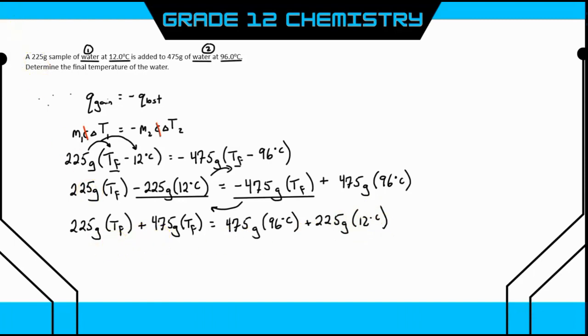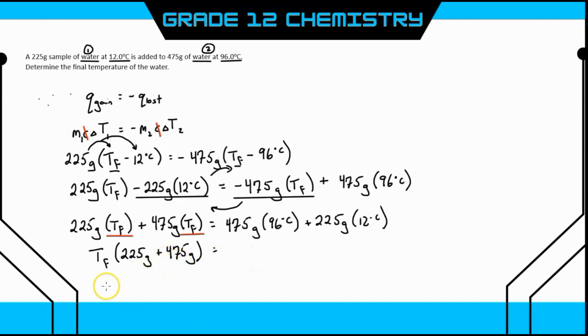So now you can see that we have final temperature all on the left side of our equation, and we have one variable for each term. So we can factor that out. So pull out a TF, and that leaves us with 225 grams plus 475 grams, all equal to everything we have here on the right side of the equation.